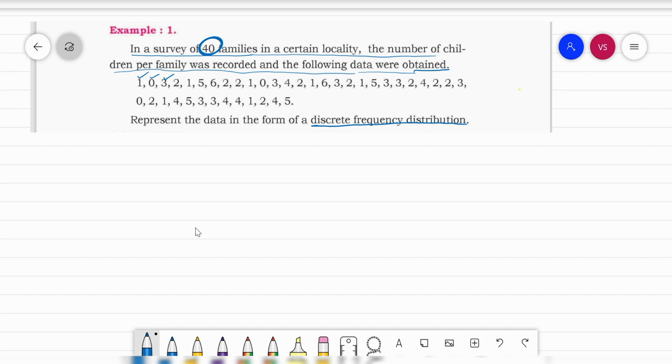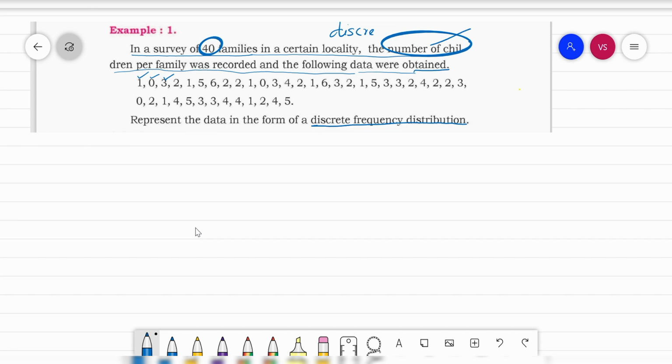Sir, if they say represent the data in frequency distribution, how should we know whether it is discrete or continuous? It depends upon the variable. The variable for us here is the number of children per family. So this is a discrete frequency distribution, students.